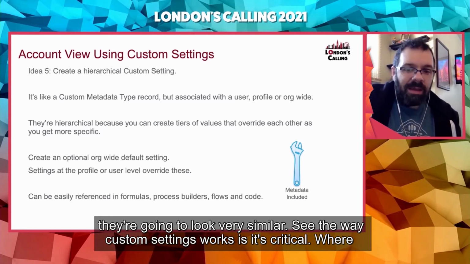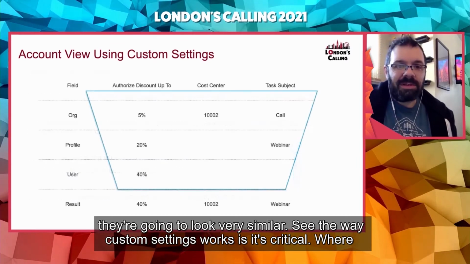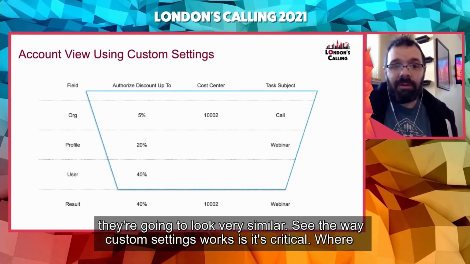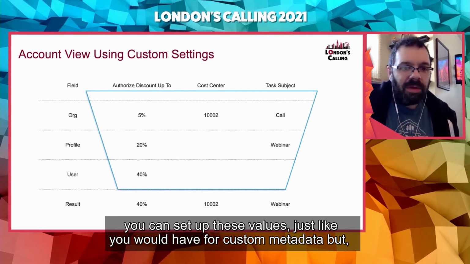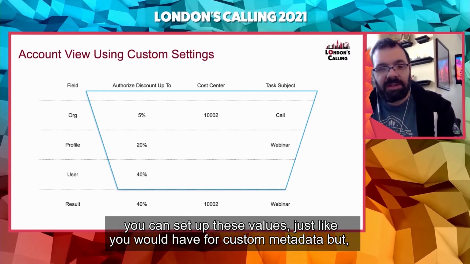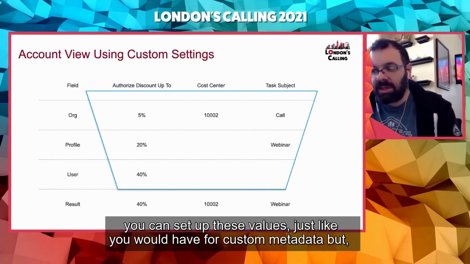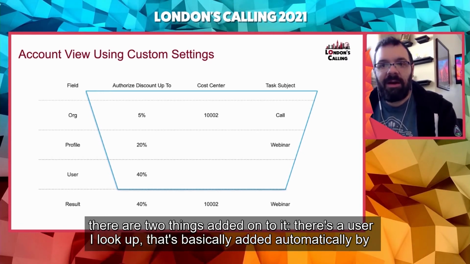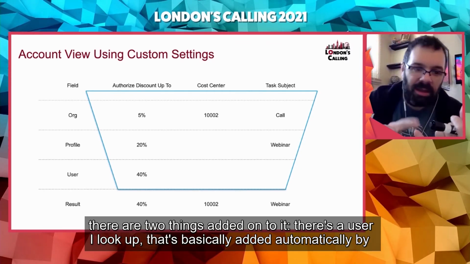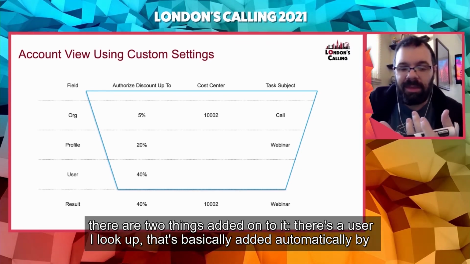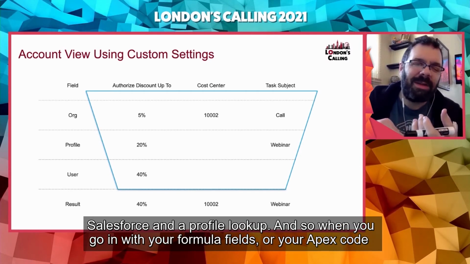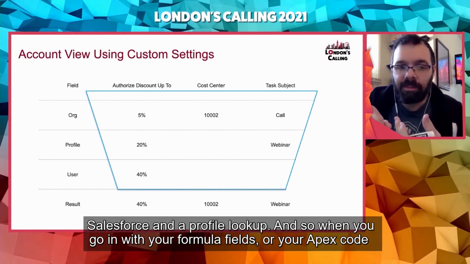See, the way custom settings works is it's hierarchical, where you set up these values just like you would have for custom metadata, but there are two things added on to it. There's a user ID lookup that's basically added automatically by Salesforce, and a profile lookup.